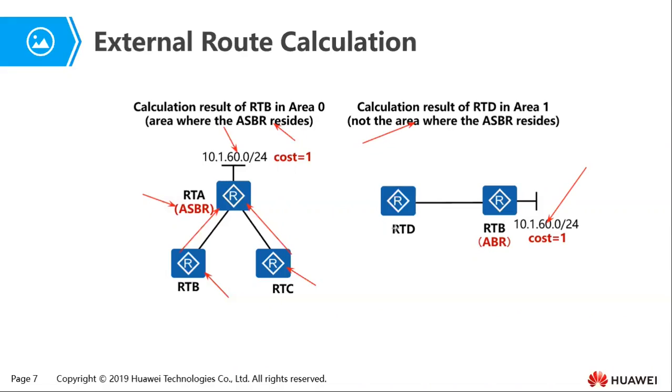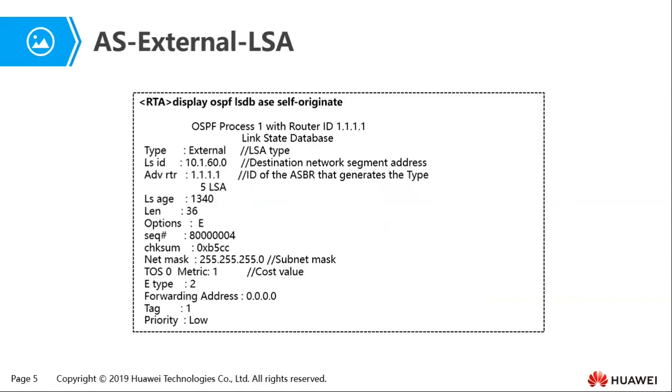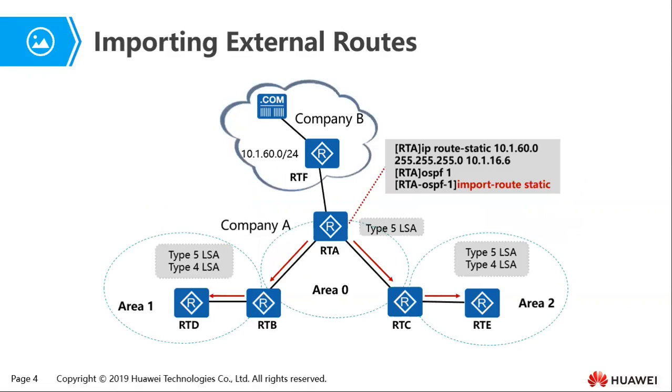So RTB, RTD, let's go back to this. We can see RTD is not connected to the ASBR, because RTA is our ASBR, but it's connected to the area border router RTB.